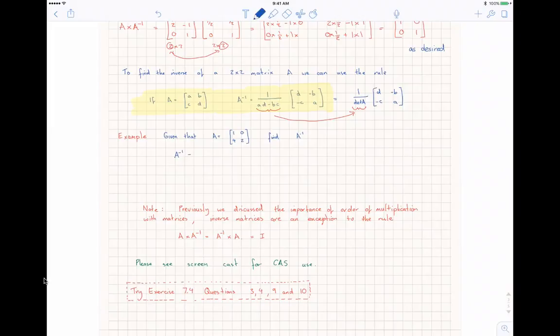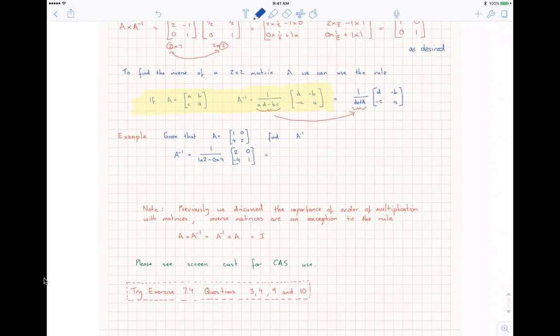The inverse is equal to 1 over (a times d minus b times c), multiplied by [d, -b; -c, a]. That's d, which is 2, then minus b, which is minus 0, which is just 0, then minus c, which is minus 4, and then a, which is 1.